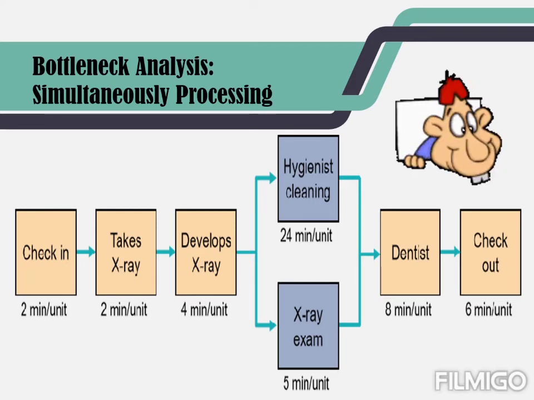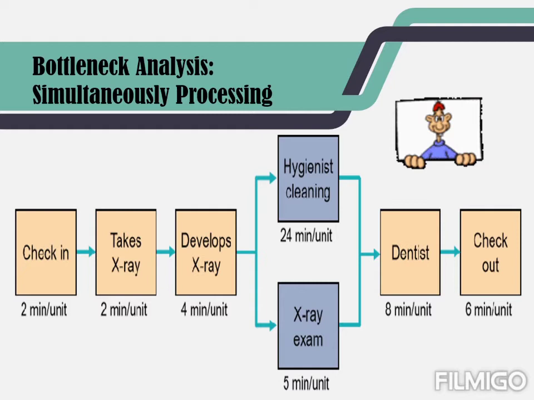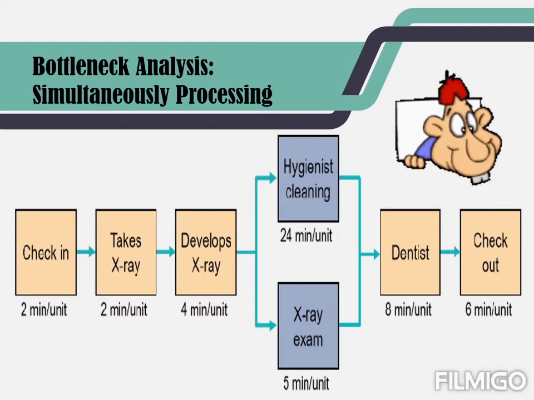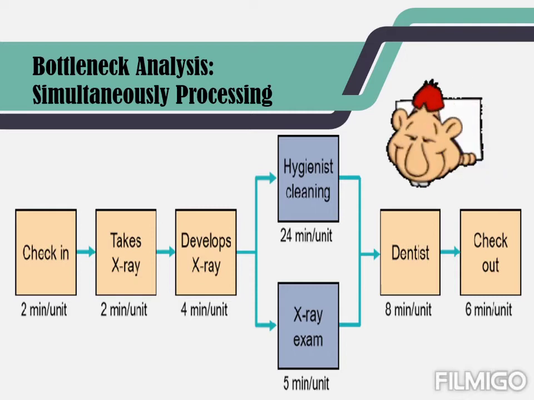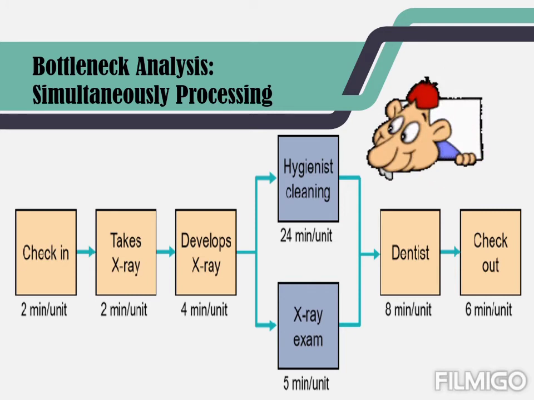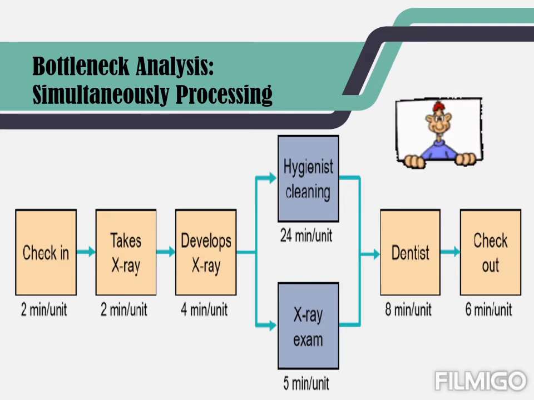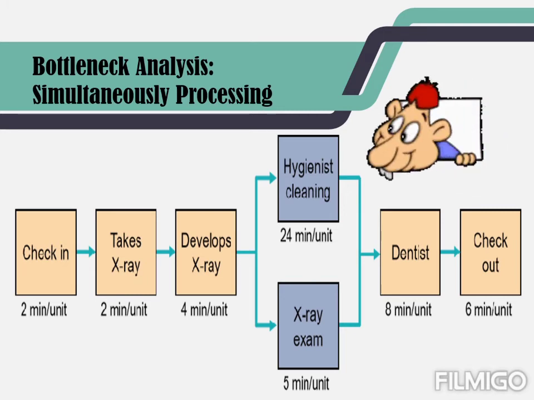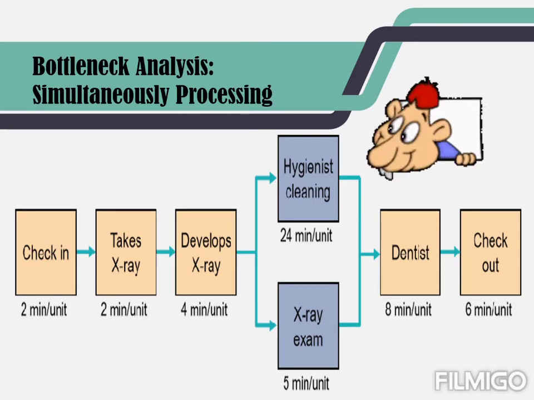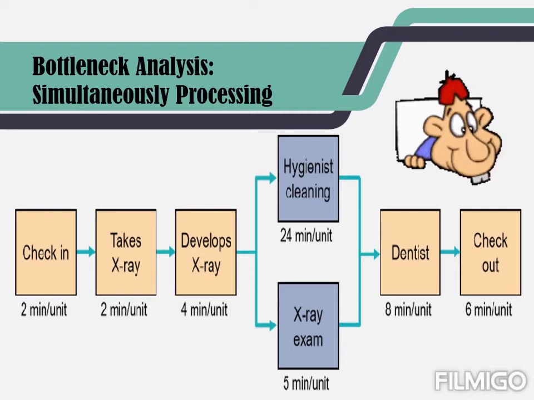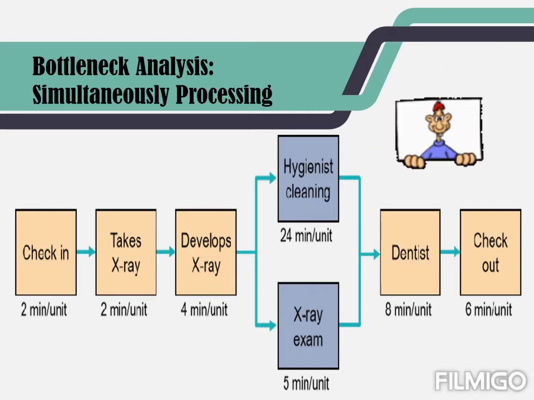After we observe the diagram, the first thing we should do is figure out all possible paths to be compared. For this diagram we can see check-in, takes X-ray, and develops X-ray are compulsory processes. Hygienist cleaning and X-ray exam will occur simultaneously. So the first possible path will be check-in, takes X-ray, develops X-ray, hygienist cleaning, dentist, and checkout.